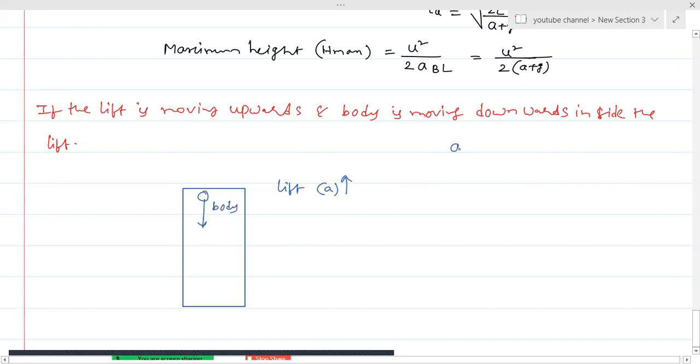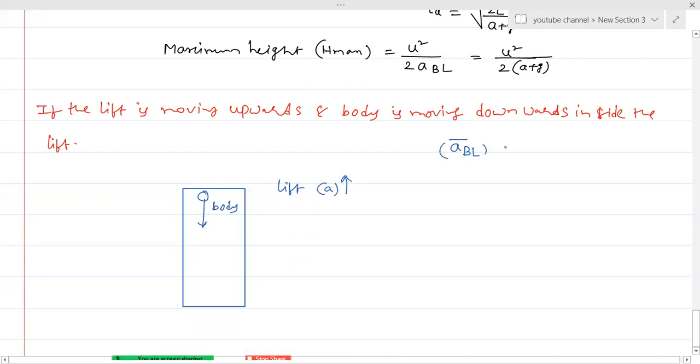First I am taking the acceleration of the body with respect to the lift. If we are interested to calculate this, first the acceleration of the body with respect to the ground, because it is under the acceleration due to gravity, so we are taking minus g j cap.